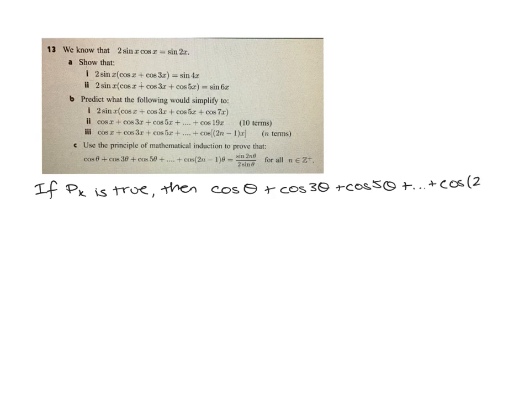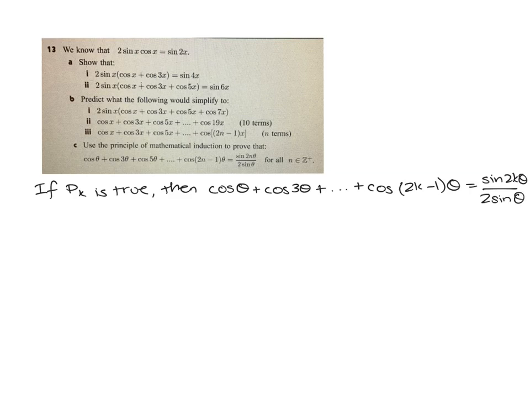Cos 2k minus 1 theta is equal to, I'm going to erase this because it's going to get messy. So this is definitely one where you probably don't want to have a line in the middle of your page. Cos theta plus cos 3 theta, let's skip a term, cos 2k minus 1 theta is equal to sine 2k theta over 2 sine theta.